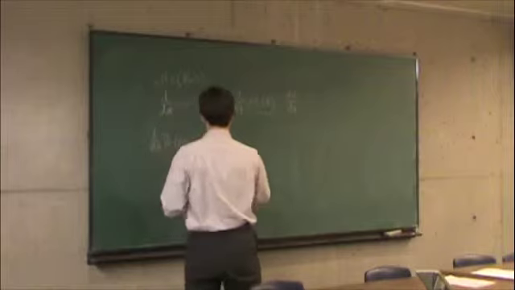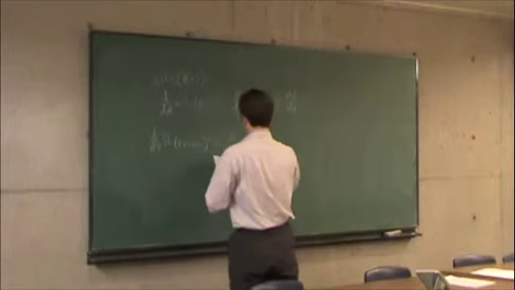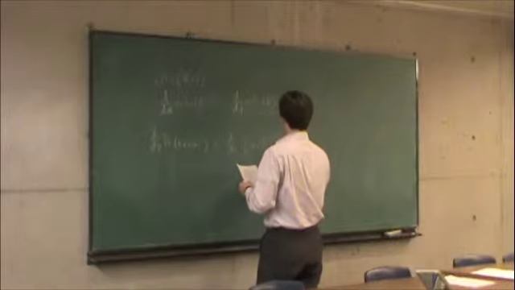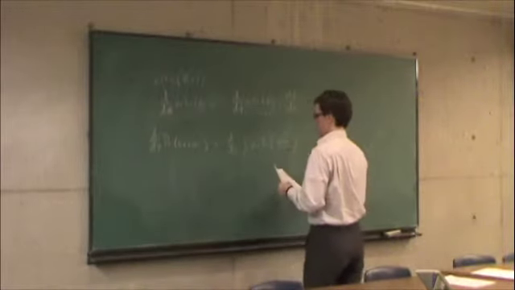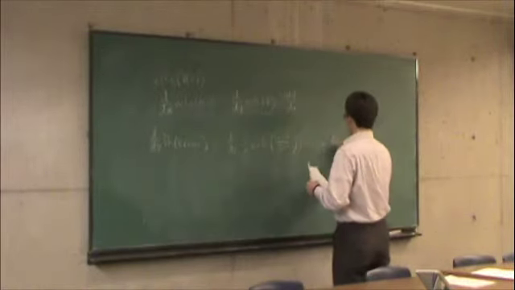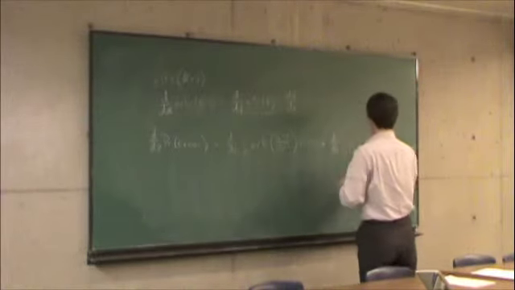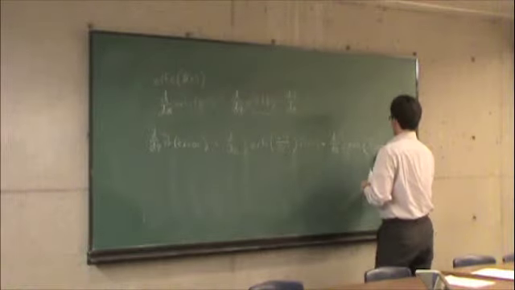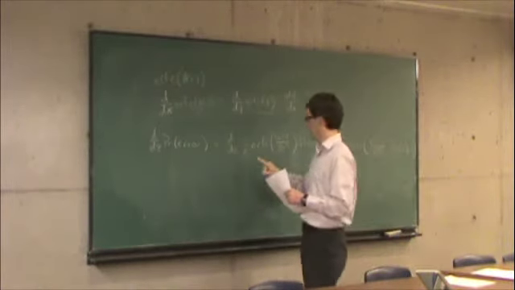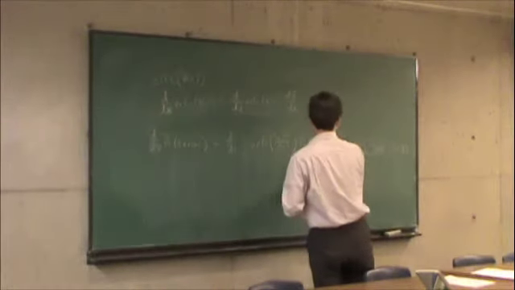So d by dz of probability of error is d by dz of 1/2 erfc of (s0 minus z) over root 2 sigma squared, squared, times probability of 0, plus d by dz of 1/2 erfc of (z minus s1) over root 2 sigma squared, times probability of 1.